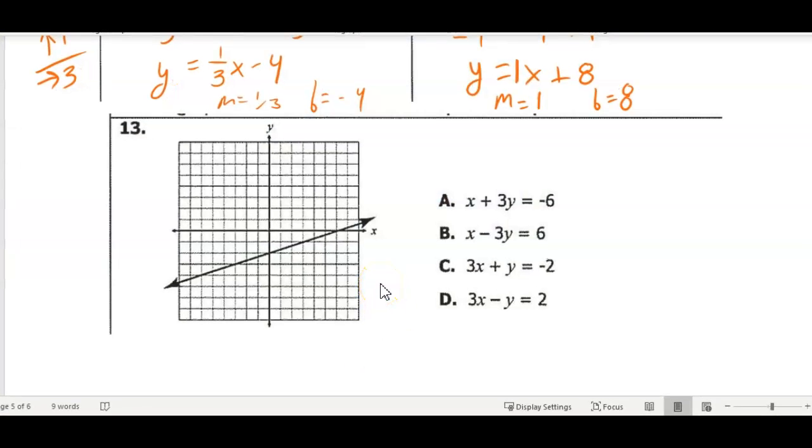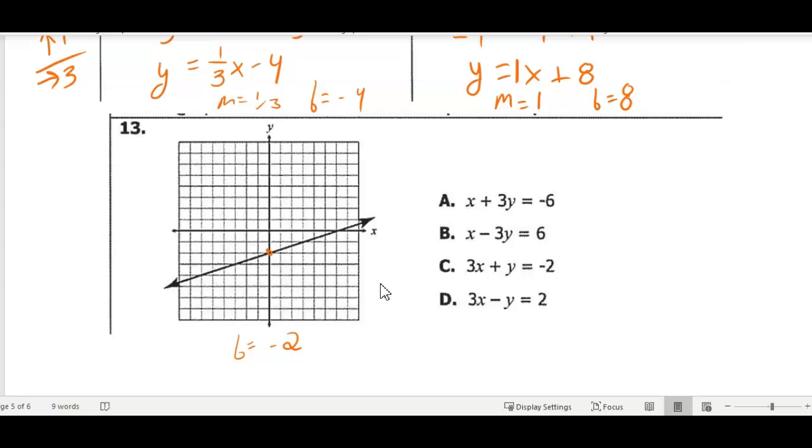So we come back over here. These ones are going to be a little bit of guess and check. One thing I'm going to give you a hint on: I do know that my b has to equal negative 2.